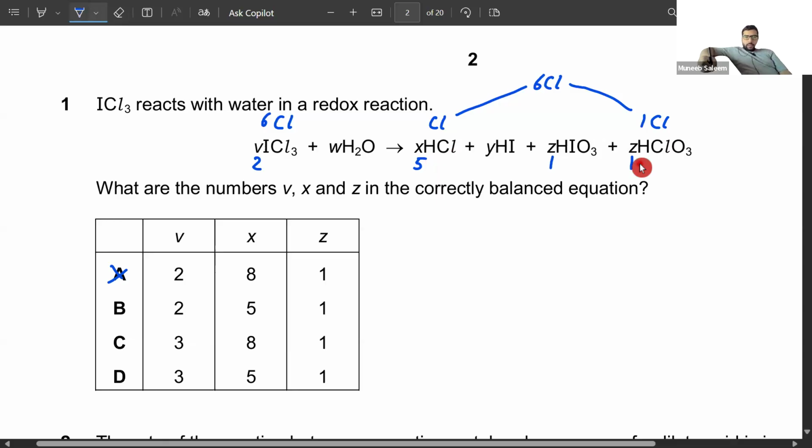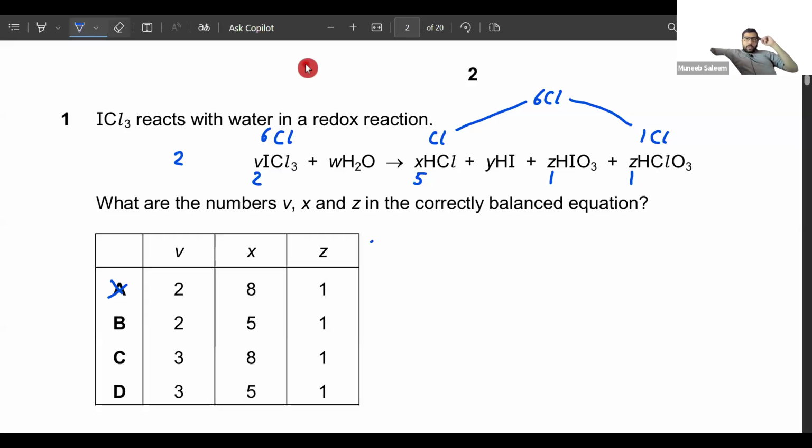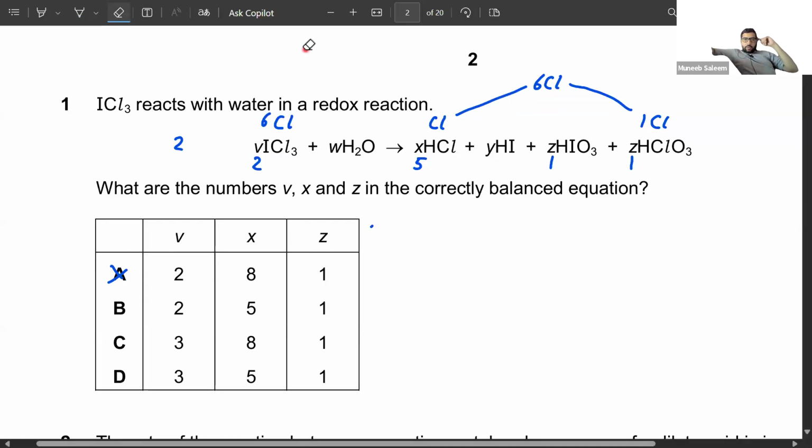But if we check the iodine, I would say that we have 2 iodine present here, and this will give us 2 iodine over here.